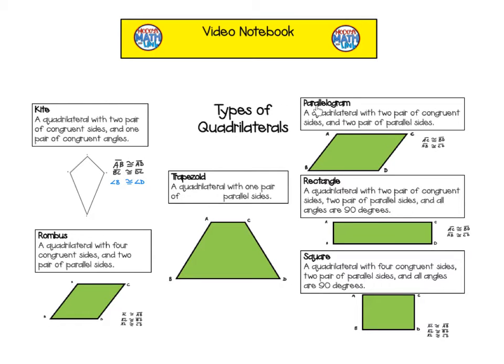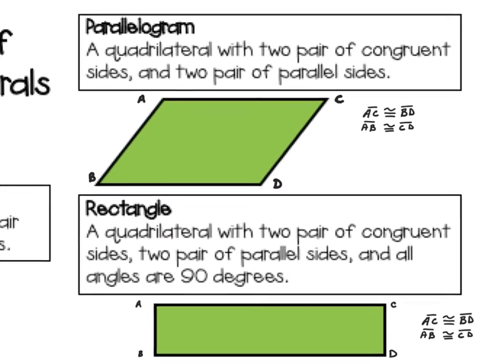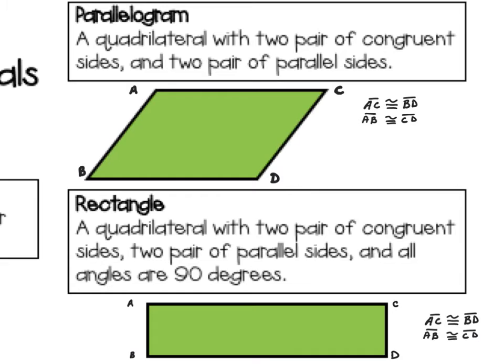And let's go ahead and get started with the parallelogram, my friend. A parallelogram is a quadrilateral with two pair of congruent sides. So this side here, the length of AC right here, is congruent, or the exact same length, as BD. So what I did here is I made the little sign for congruent.